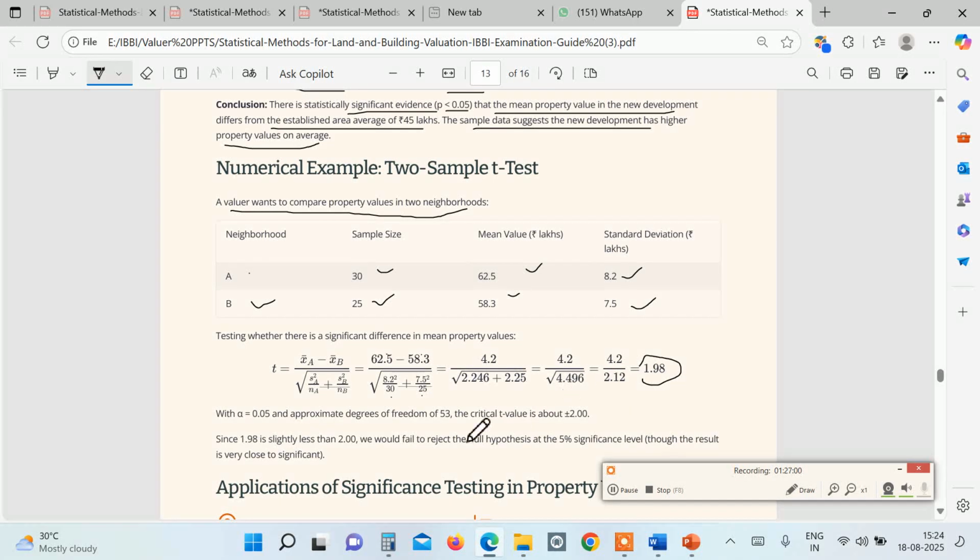With alpha equal to 0.05, the approximate degrees of freedom is 53, and the critical t value comes out to be plus or minus 2.0. Since 1.98 is slightly less than 2, we would fail to reject the null hypothesis at the 5% significance level, though the result is very close to significant.